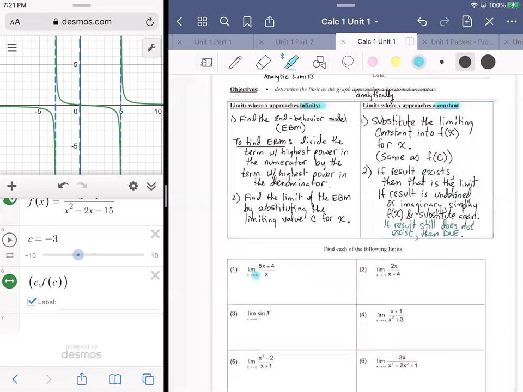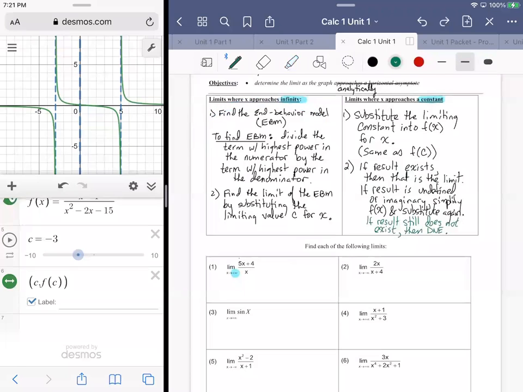All right. So what I'm going to do is I'm going to take my f of x. I'm going to pull that out. So f of x is equal to 5x plus 4 over x.